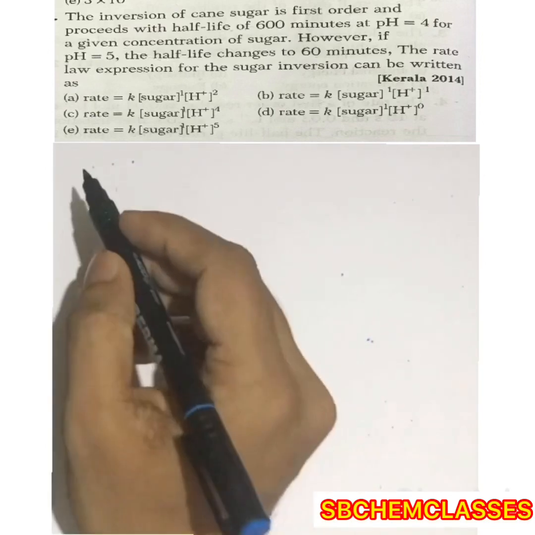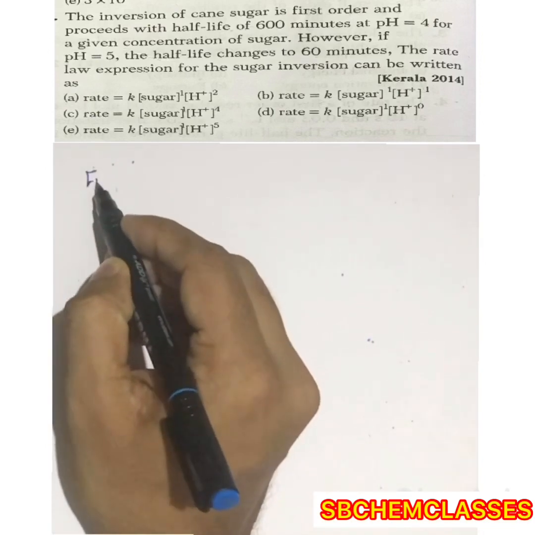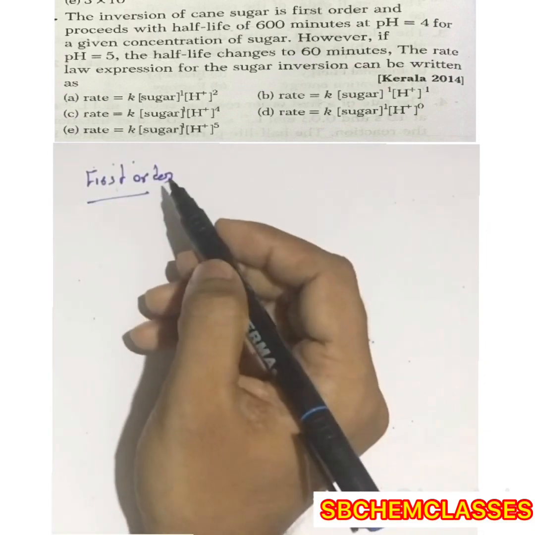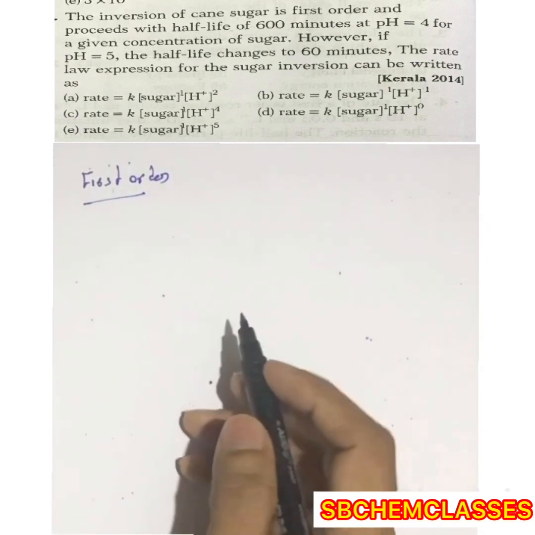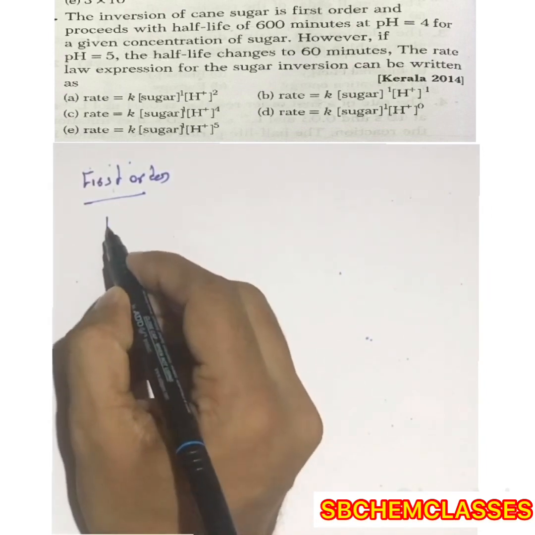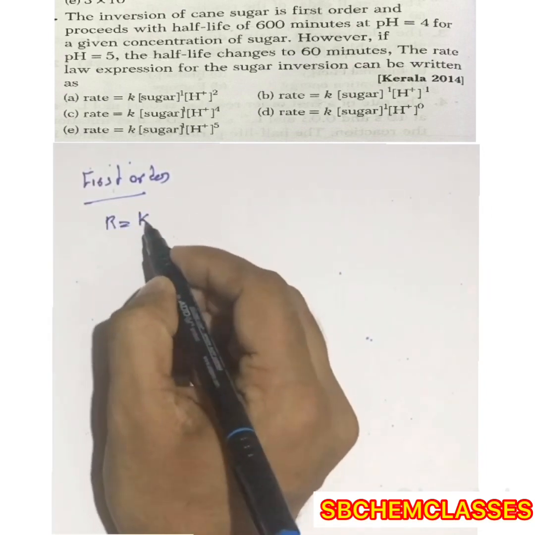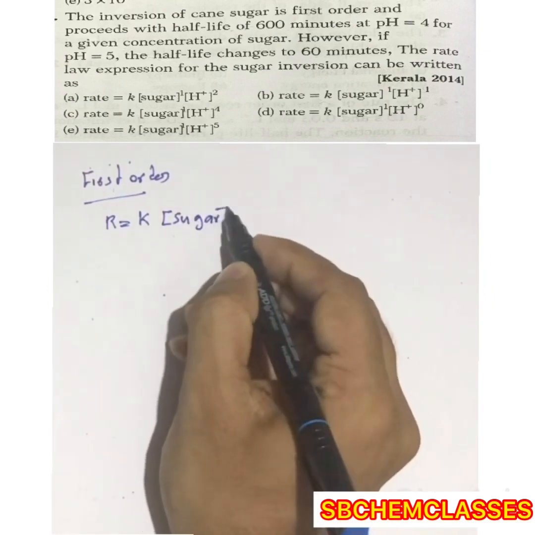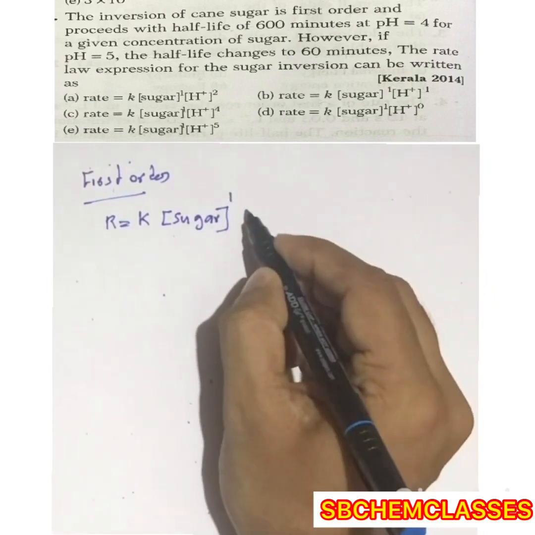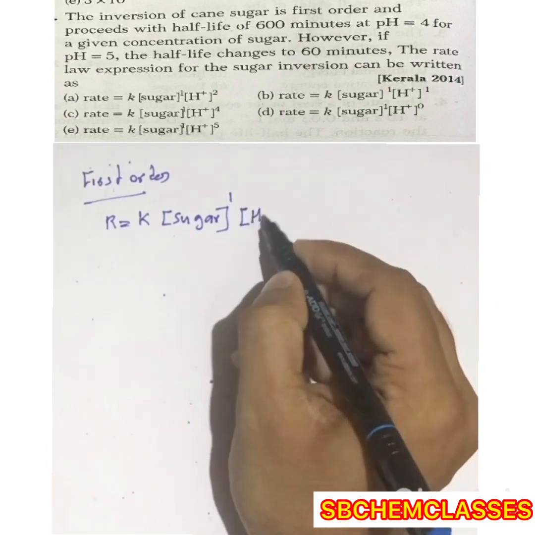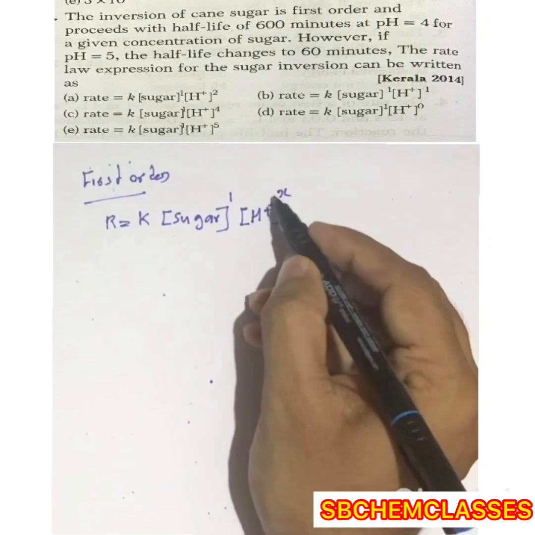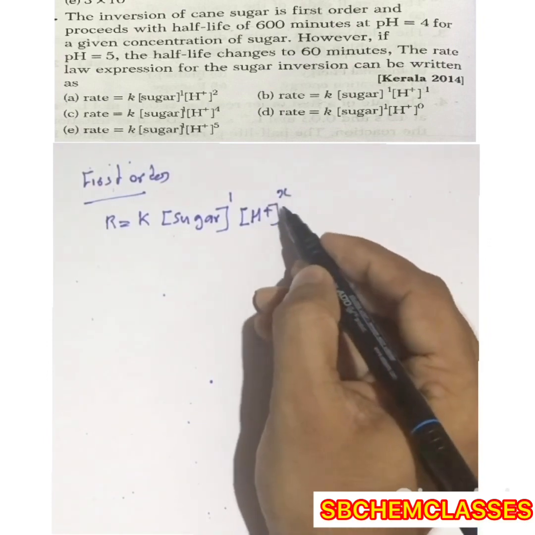The question says that it is a first order reaction. In first order reaction, the rate equation is K into concentration of sugar raised to 1, and concentration of H plus raised to an unknown power. So we have to determine this power.